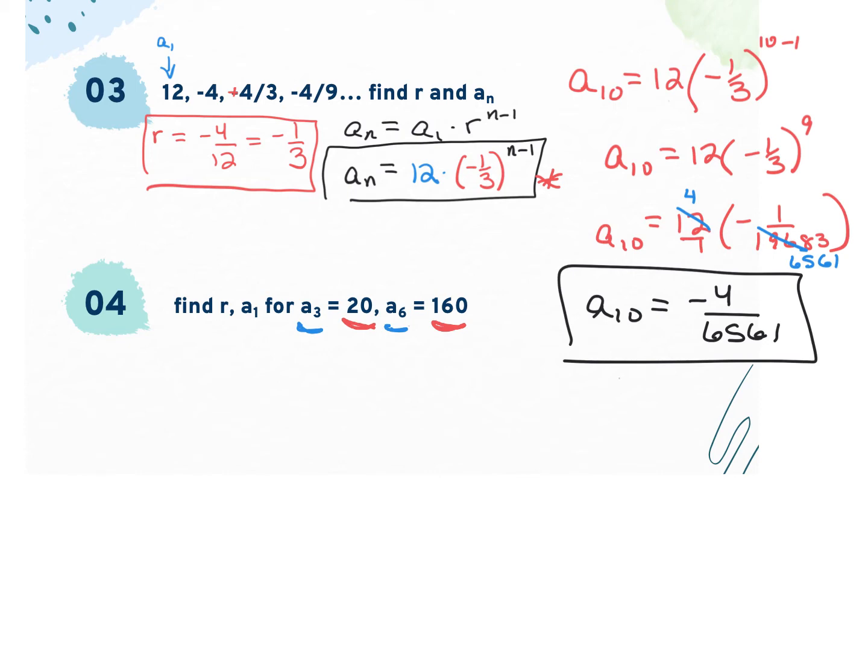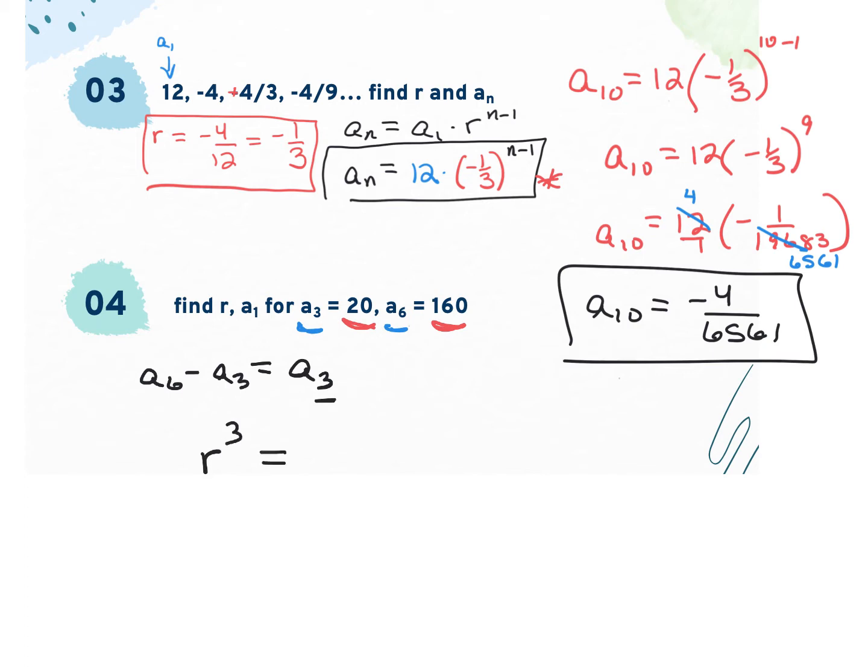Before, when it was the arithmetic sequence, we sort of did it like a slope. Now, because this is geometric, we're going to treat the difference as a root. So I'm going to do a sub 6 minus a sub 3, and I'm going to be finding the cubed root of what I get.